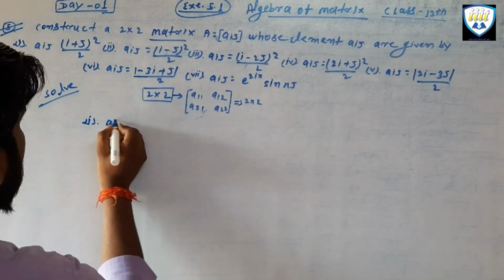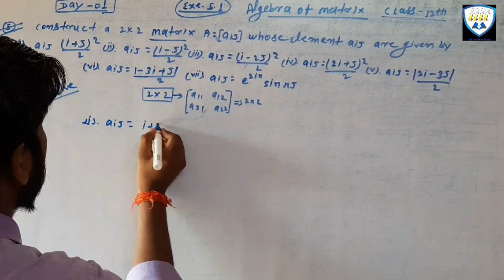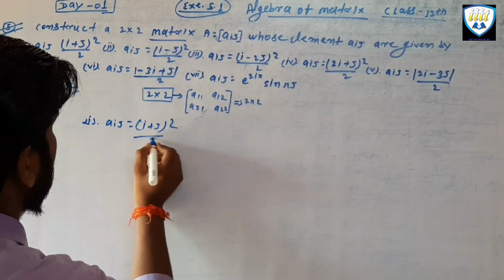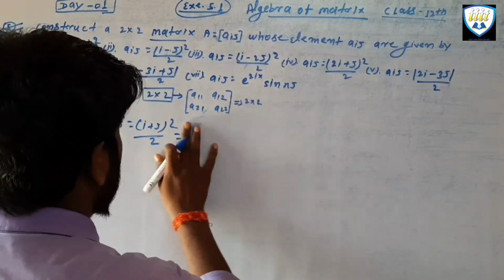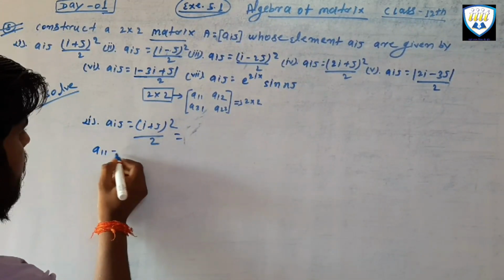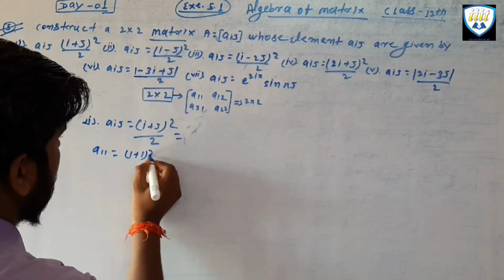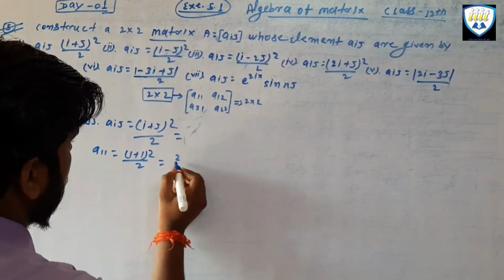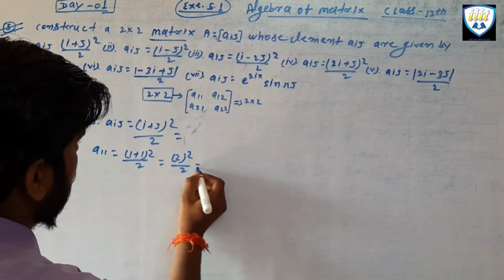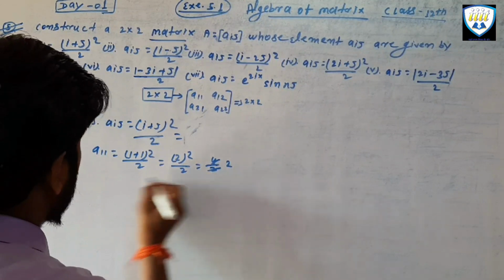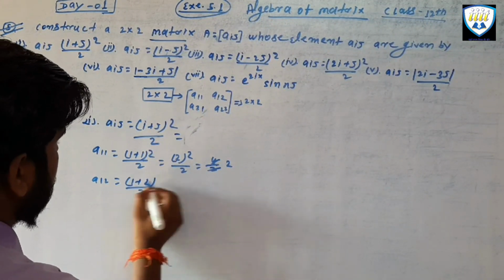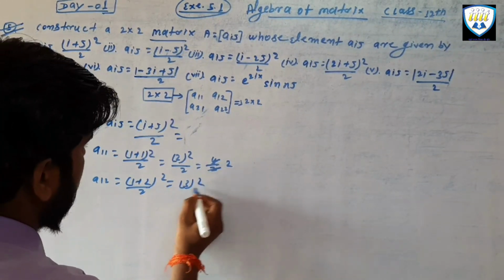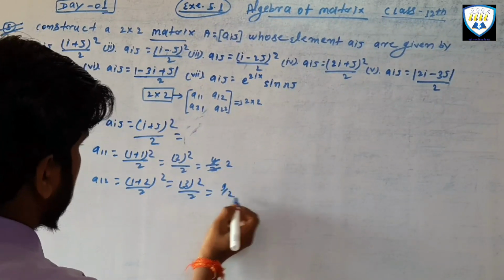Aij equals (i plus j) whole square upon 2. A11 is 1 plus 1, 2, square upon 2, 4 upon 2. A12 is (1 plus 2) square upon 2, 3 square upon 2, 9 upon 2.